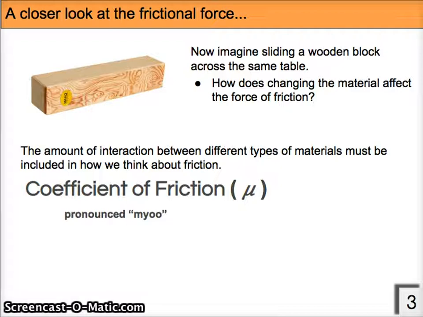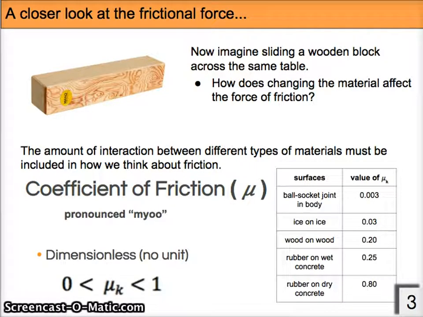This is pronounced mu. And again, it's a Greek letter. It just stands for a number that represents sort of how much friction there is, but not exactly that, but just how hard it is to slide something past another surface.